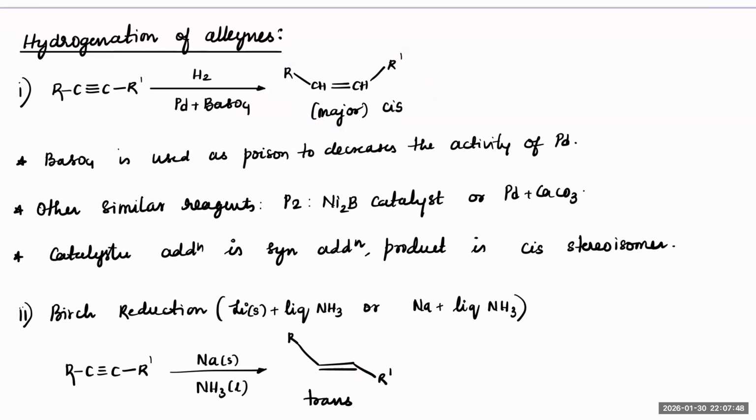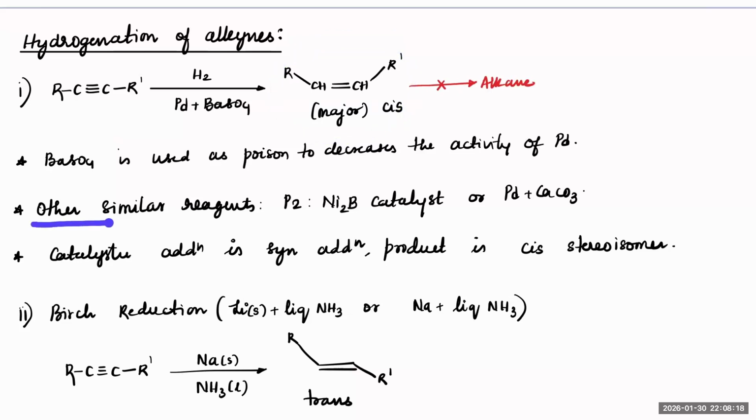After alkenes, further adsorption on the metal surface is not observed. Both the hydrogens from the metal surface will add from the same direction. That's why the product formed is cis here. So you will get a cis form and further addition to alkane will not take place. Hence, you can easily isolate the alkenes from here.